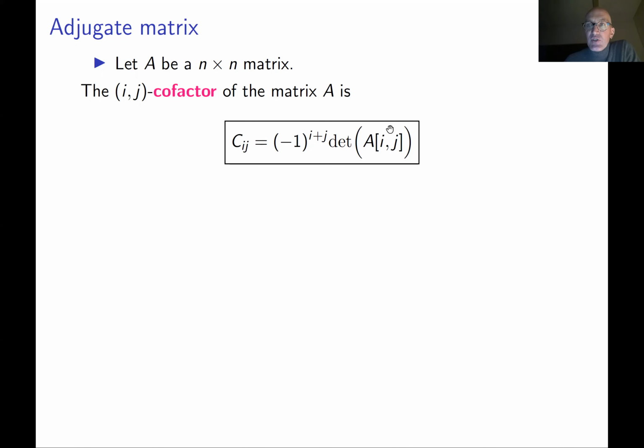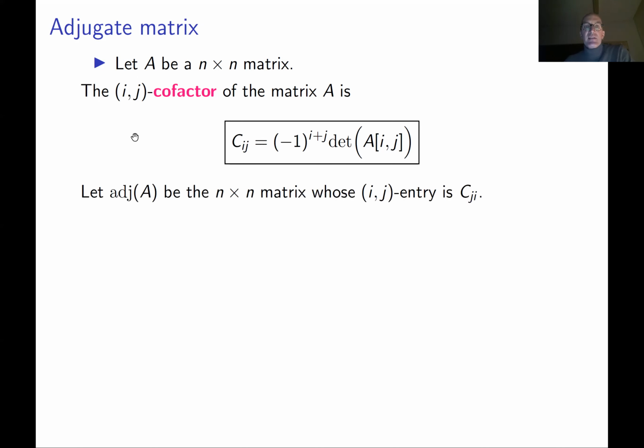You get this n-1 times n-1 matrix, which we denoted previously by A_ij. Then you compute its determinant, and then you multiply it by the number (-1) to the power i plus j. If you remember, this is exactly the number which appears in the expansion of the determinant by the i-th row or by the j-th column. We call this number C_ij. It's usually called the ij cofactor of the matrix A.